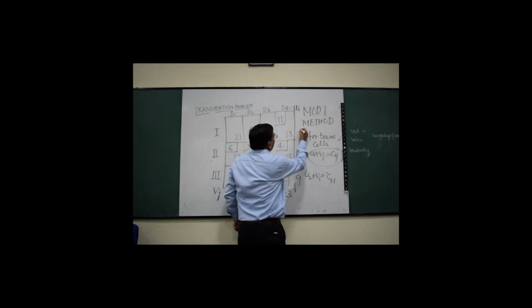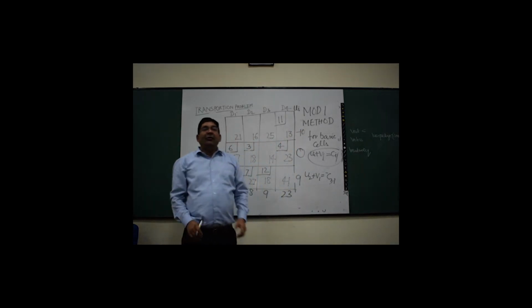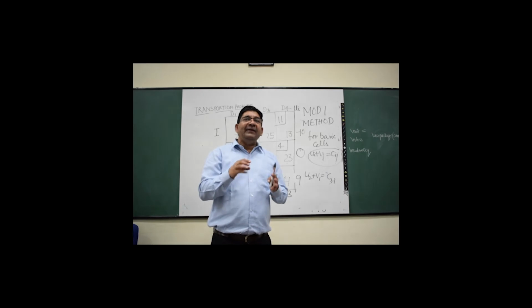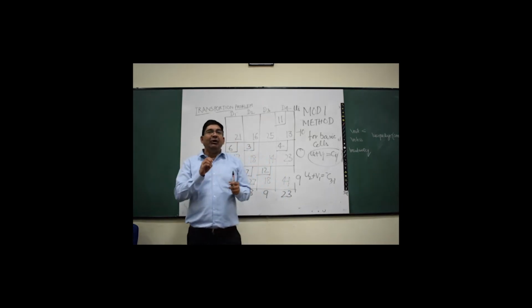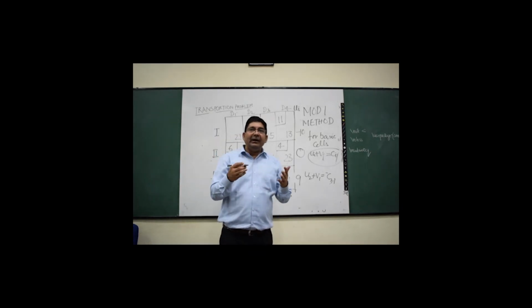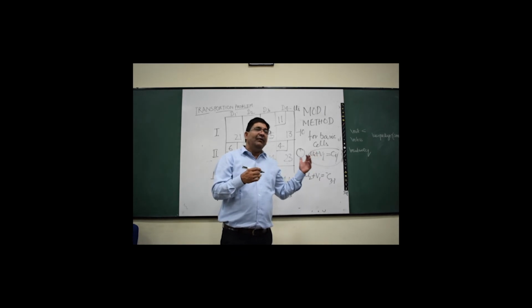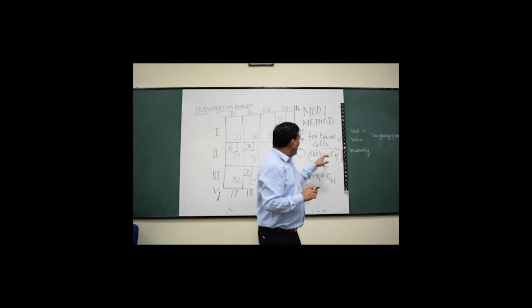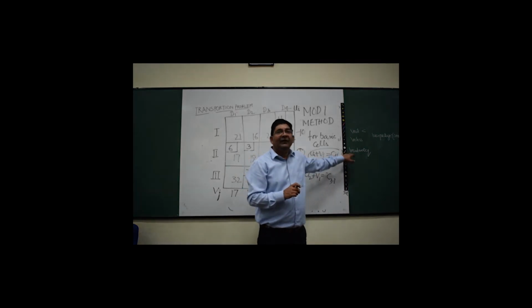So this is your minus. So by arbitrarily taking one of the UIs and VJs equal to 0, we have calculated the rest of the UIs and VJs, and for that we have used the equation UI plus VJ is equal to CIJ.